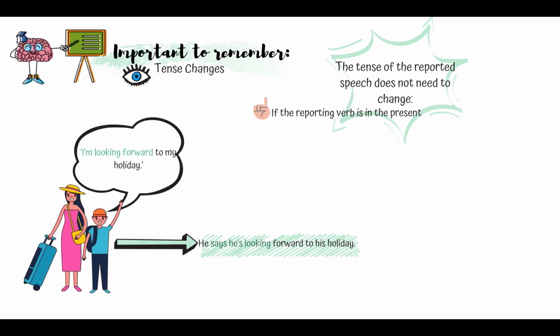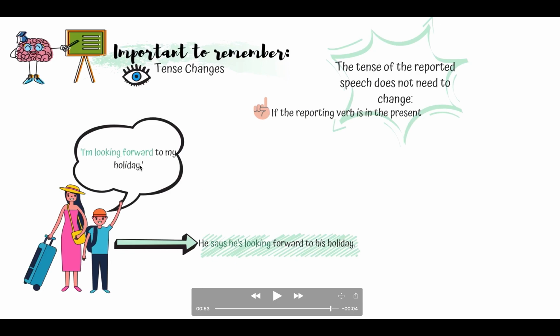If you're reporting what your friend on the phone is saying to your other friend, you are still talking in the present tense. So, for example, I'm looking forward to my holiday. He says. Now, the reporting verb here, we normally see it in the past tense. For example, he said. But when it's in the present simple, or the present tense, we have to keep the tense of the verb the same.